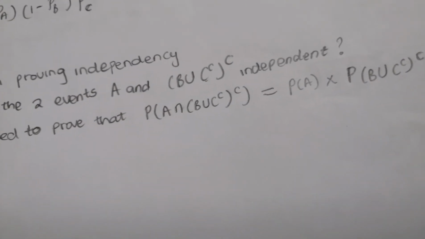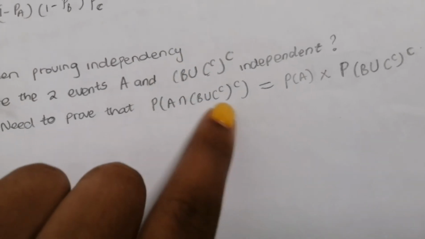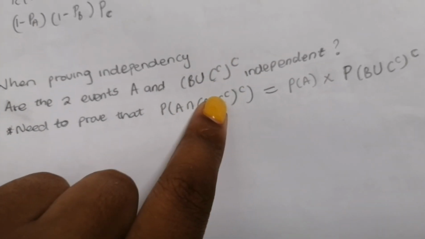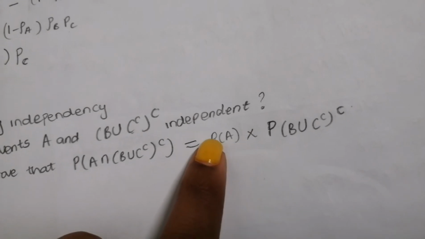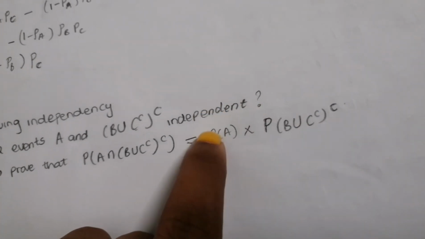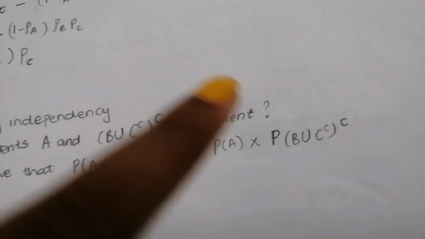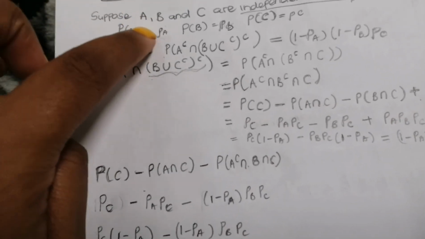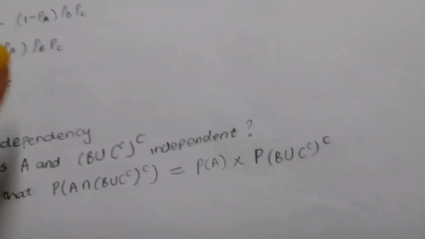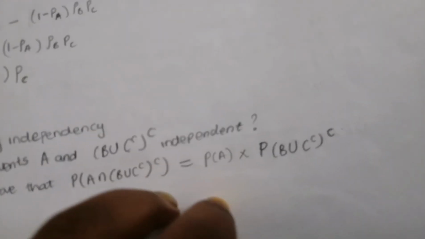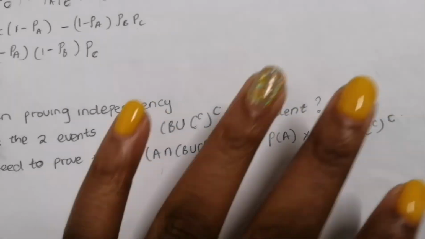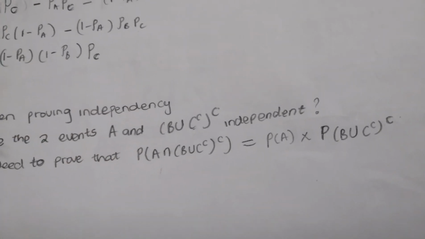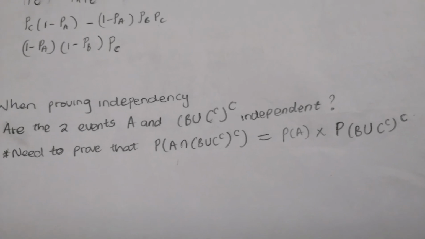Obviously they gave you a diagram showing this part, so you will solve for this using the diagram. Then you will also solve for this part using PA, PB, and PC, and then you'll compare the two answers and see if they are equal. If these two answers are equal, then you know that they are independent. If they are not, you will say no, they are not independent.